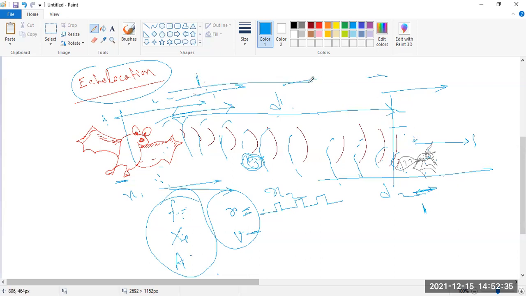But if the bat comes near and the loudness is high, then this creature will be alert, and it will certainly change its position or try to flee away. So the nearer it gets, the more it should decrease its loudness. So this is required.